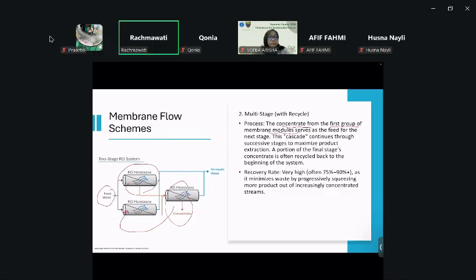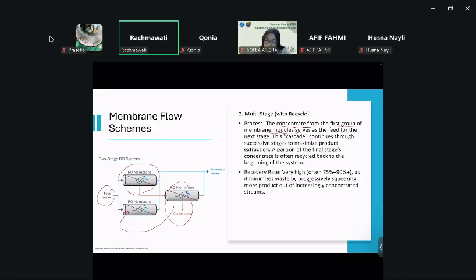And then the recovery rate is very high, often 75% to more than 90%, because it minimizes waste of the concentrated water by progressively squeezing more product out of increasingly concentrated streams. So it is very important, especially in areas with a high level of drought. Let's say the amount of water is not too much, then of course you don't want to waste water.